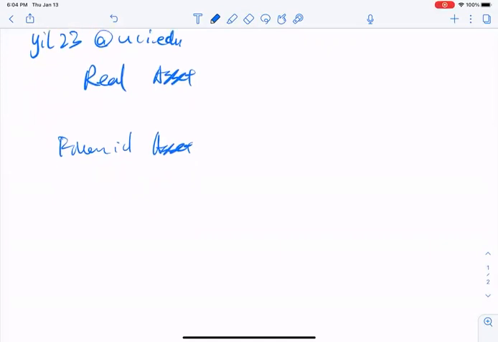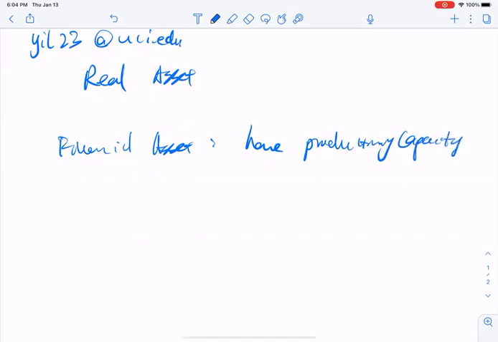So real assets have productivity capacity. For example, land, right? Factory. These physical materials that can actually produce goods or whatever stuff that you need. These are the real assets.